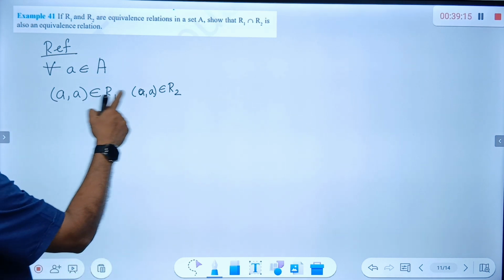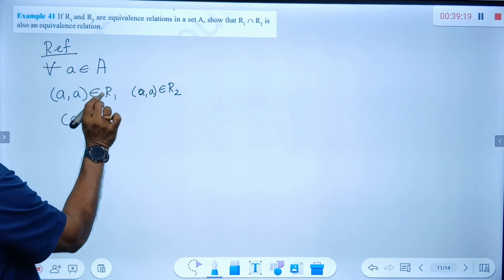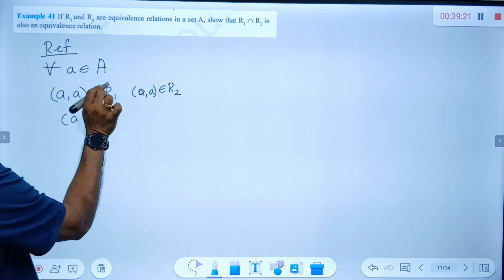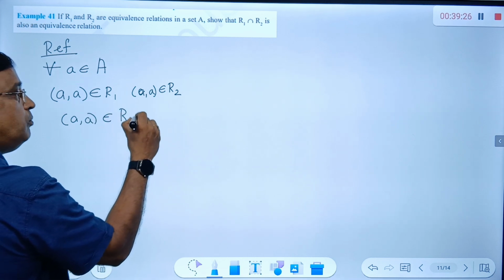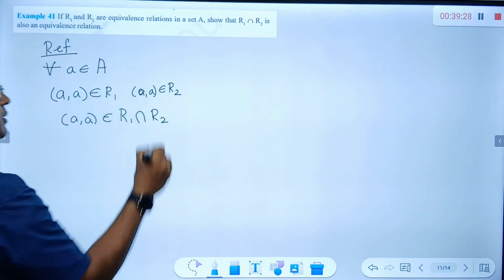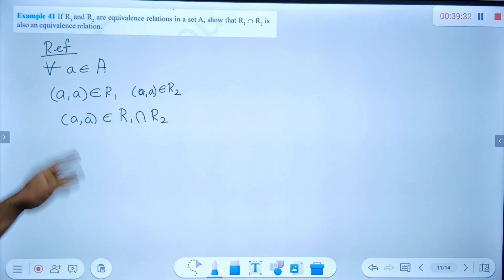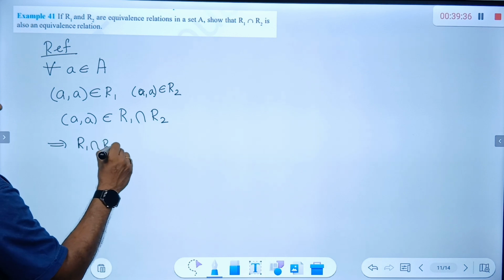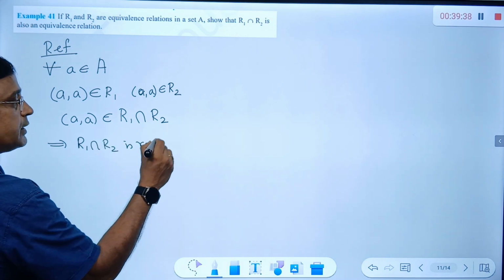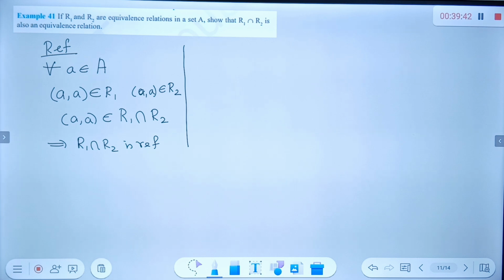If you have an element common in R1 and R2, common means (a, a) belongs to both, and both means intersection. So you have proved that (a, a) belongs to R1 intersection R2. This implies R1 intersection R2 is reflexive. Clear? Now let's go to symmetric.